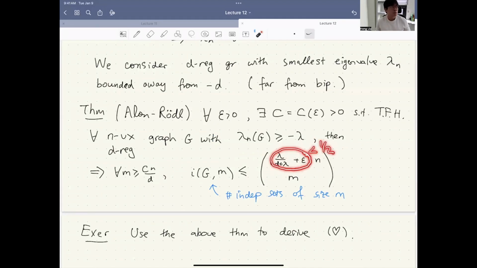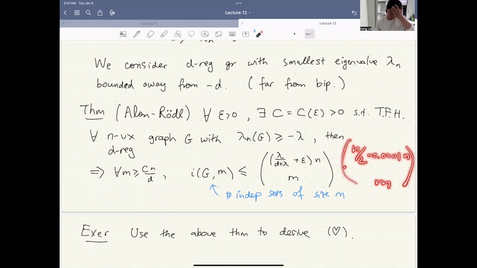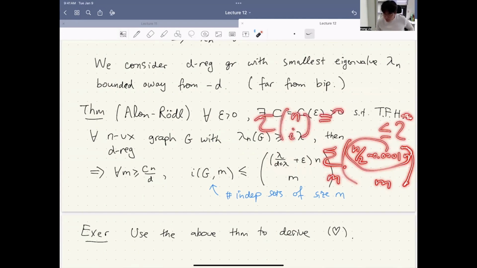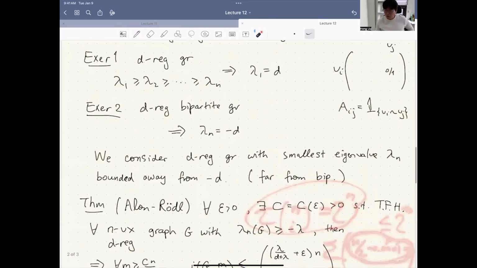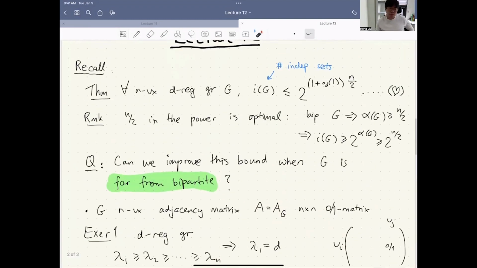Summing over all m, the sum of n choose i equals 2 to the n, the size of the power set. So we gain exponentially from this bound if λ is bounded away from d.